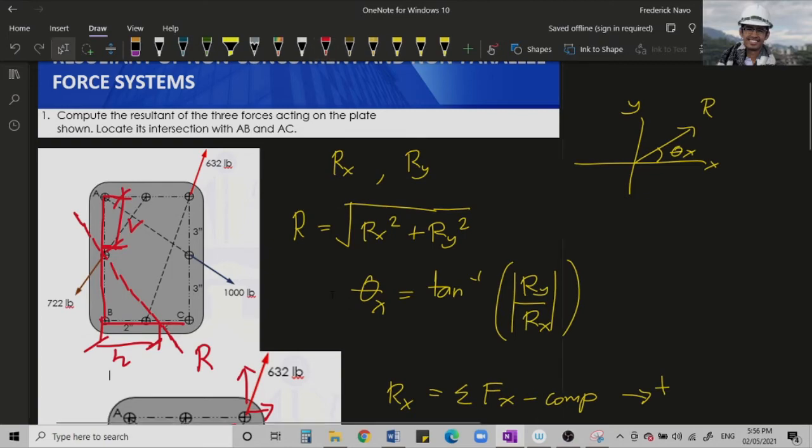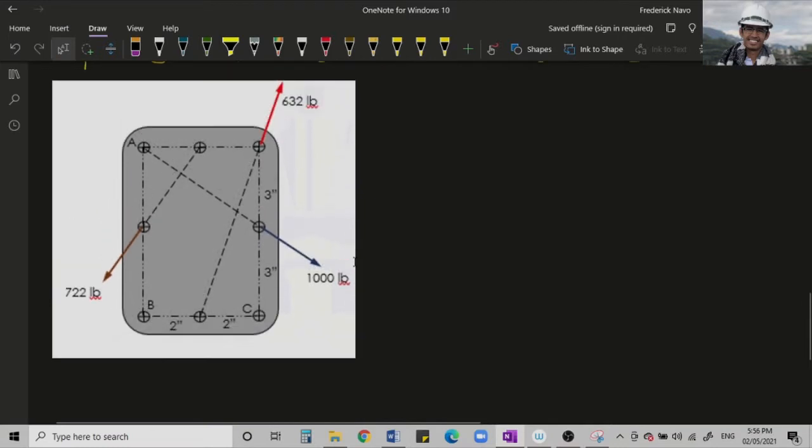Tama? So, dito tayo sa mas malaking figure. So, yung intersection niya, yung resultant, mag-intersect siya dito banda, no? Somewhere here, no? Going to the right at an angle of 45.09 degrees. No? So, this is our resultant. So, yung distance nito, yung intersection nito, dito banda.